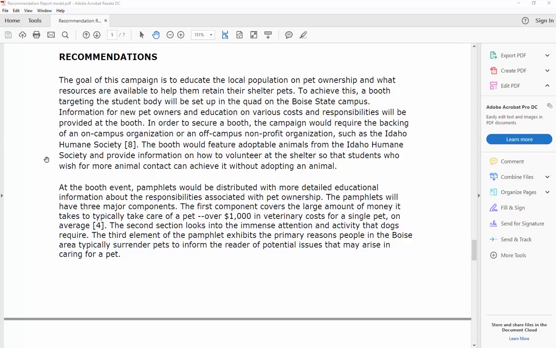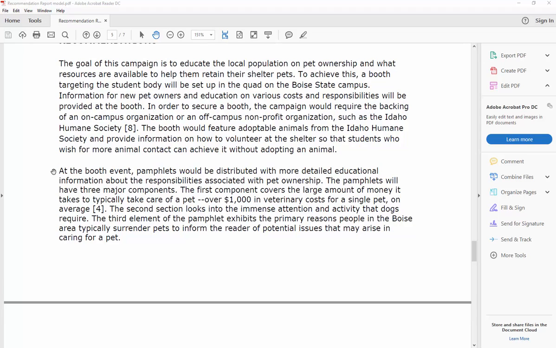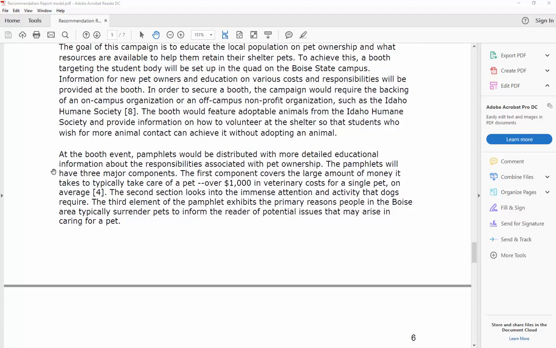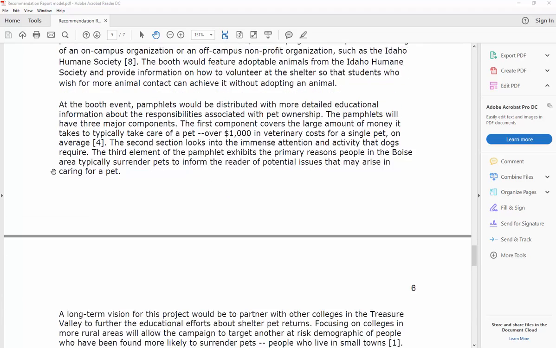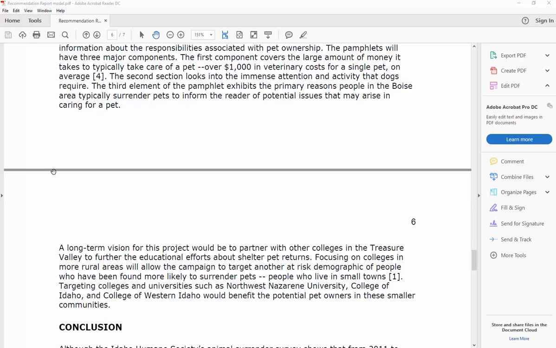You can include visuals here, or tables, or bullets, or all kinds of different formatting options. And you might also bring in other programs, for instance, that you want to cite as being models for what you want to set up. So lots of specificity and detail here, and it should give us a sense of what the program would look like and how to implement it. This will make your recommendation report also more feasible.